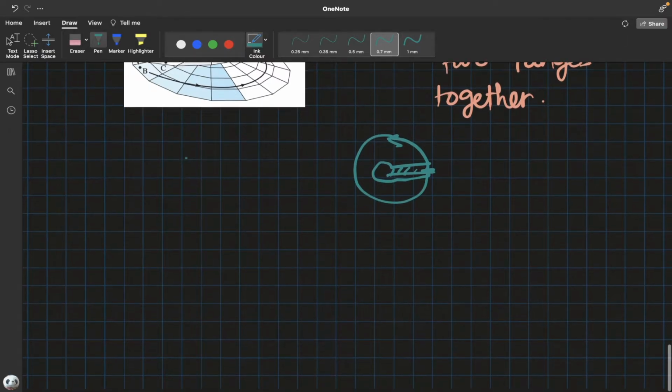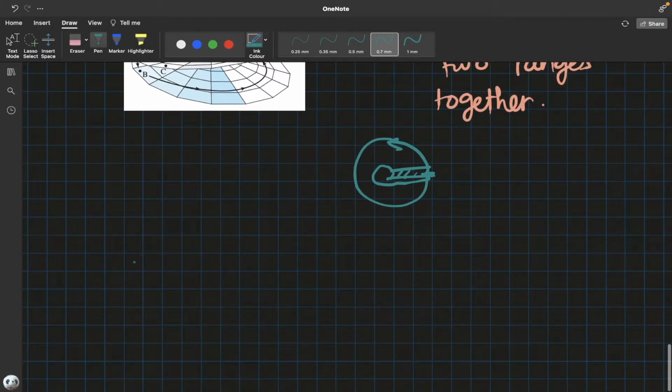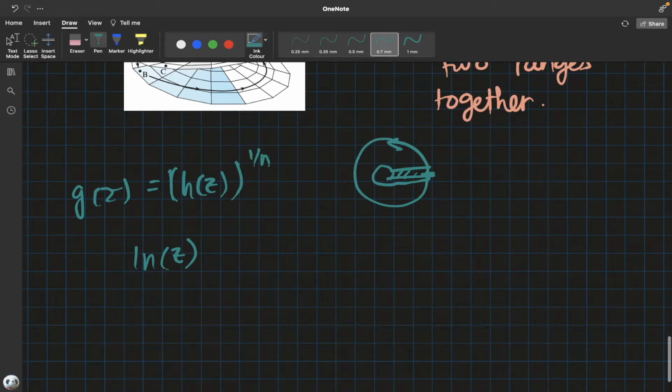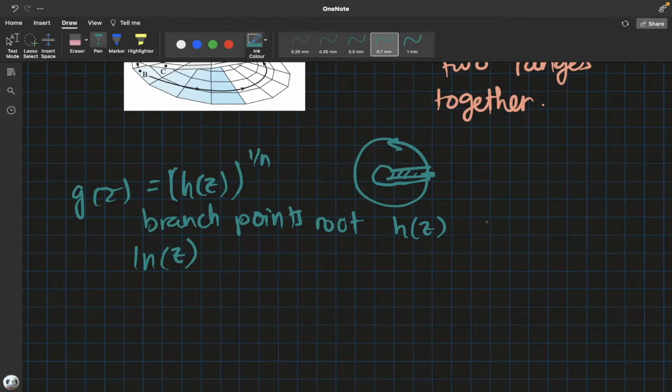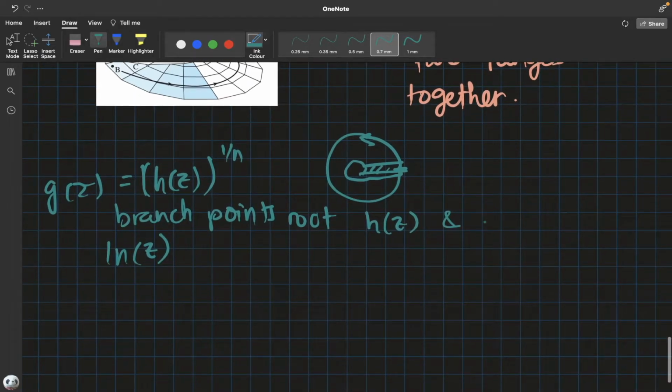And that's the idea we're going to use later on. An interesting, a really nice example is the natural log function. So the natural log of z, in general, you may have noticed, h of z to the 1 over n has branch points at the roots of h of z, and there's n branches, so n sheets.